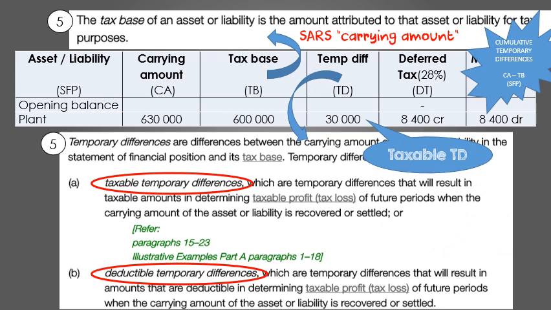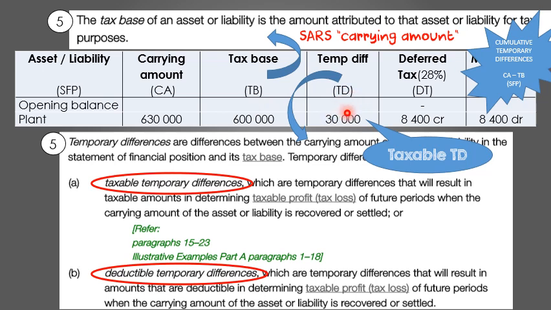Yes, you are correct. It will be a taxable temporary difference because this temporary difference is going to result in taxable amounts in future. So we have our depreciation that we had to add back was less than the wear and tear allowance that we deducted. So we got the benefit in year one. That benefit in future will swing around and we will have to pay more tax.